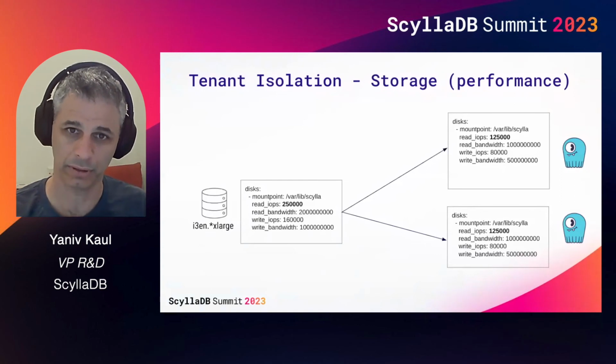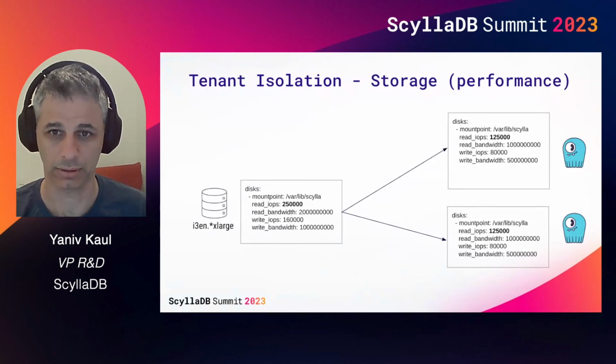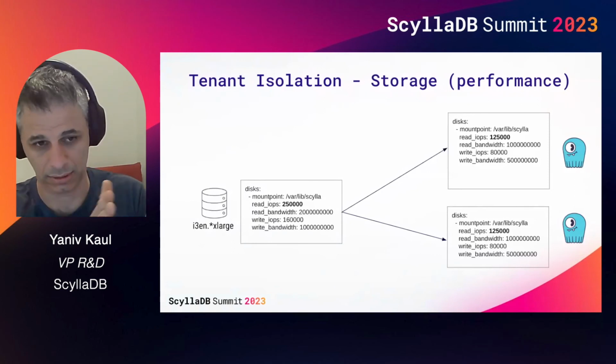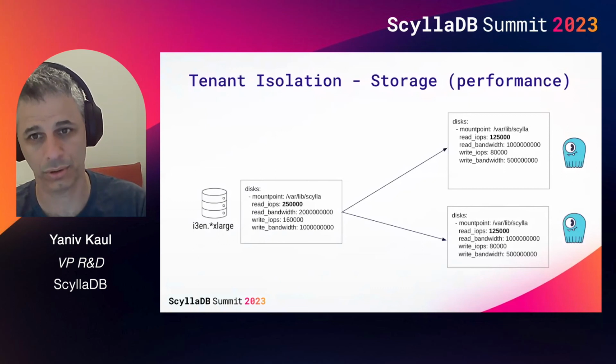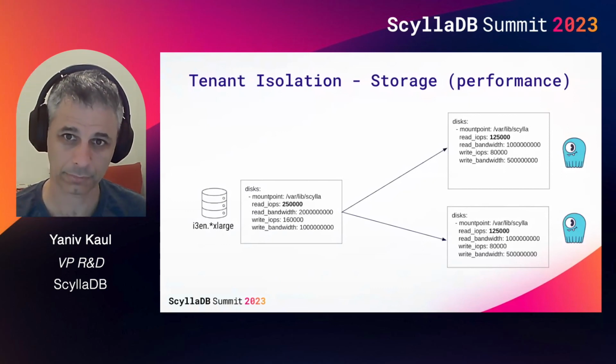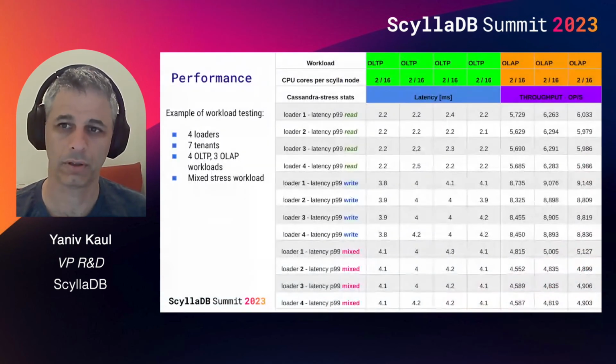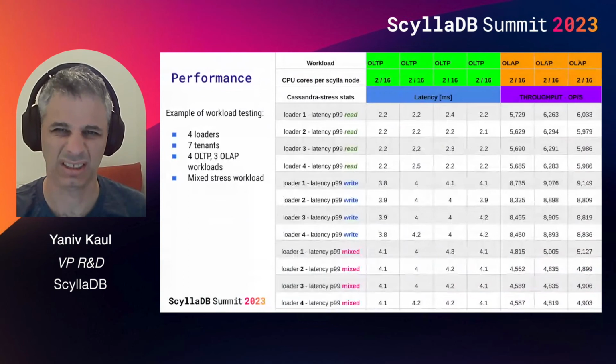So we split all the IOPS that we have per node among the different tenants. Each tenant gets a slice of it, and its IO scheduler knows to adjust to it.